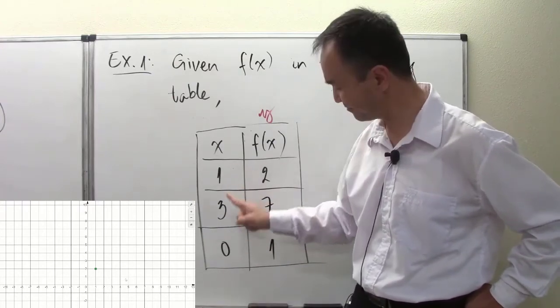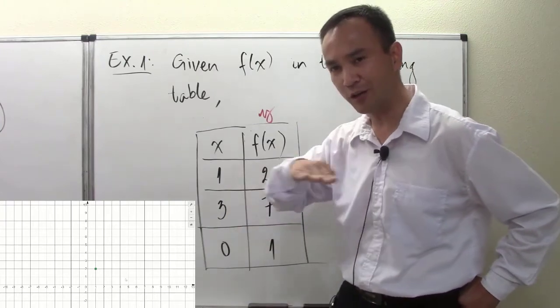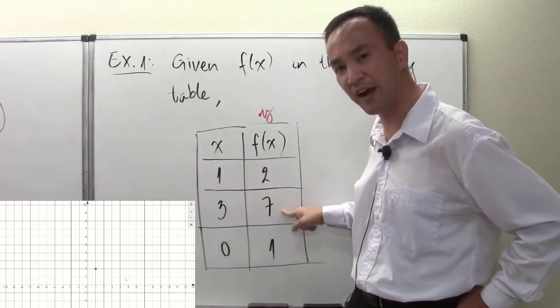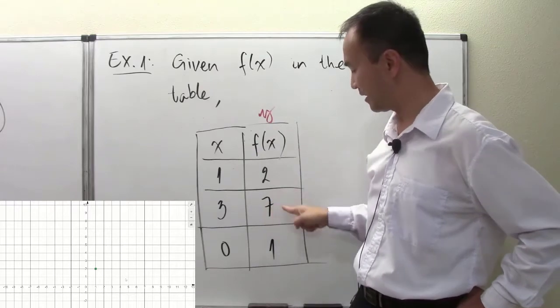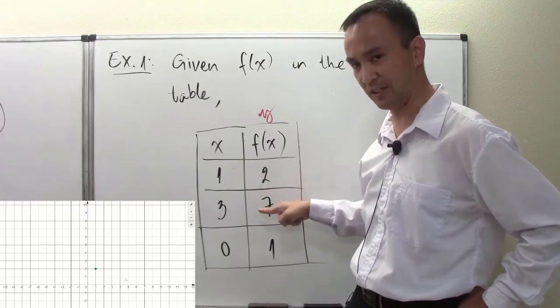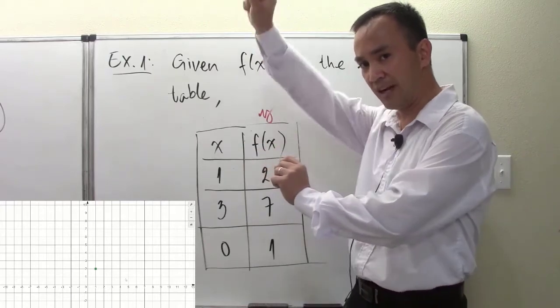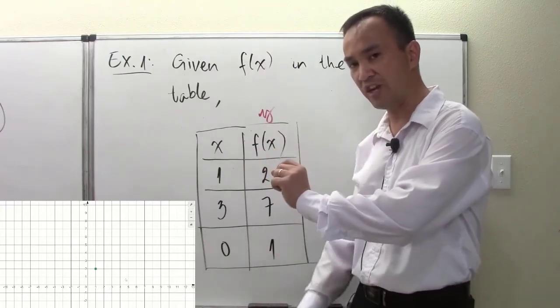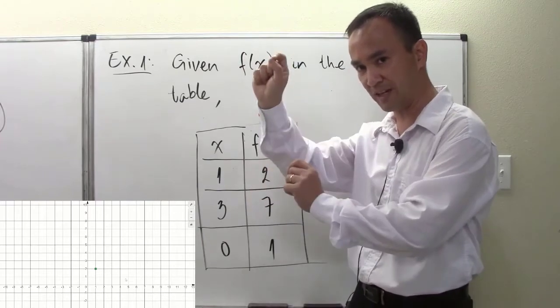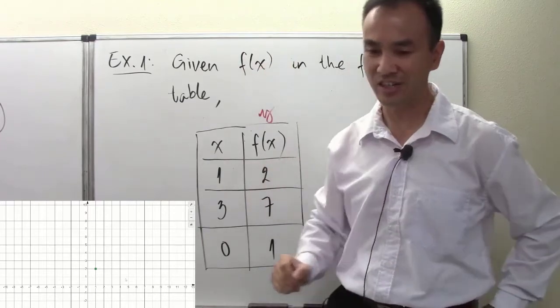Tell you what. This value has to be located on the horizontal axis, and this must be found on the vertical axis. This output right here is the vertical height. Where it is on the horizontal axis, together with how high or how low it reaches vertically, will together make up a point. So now let's see real action here.